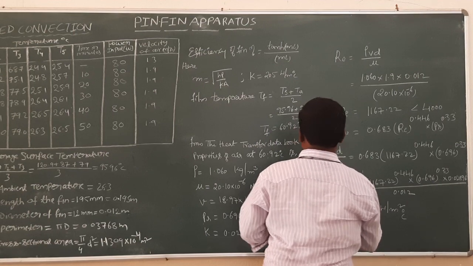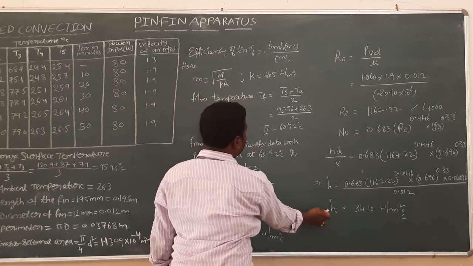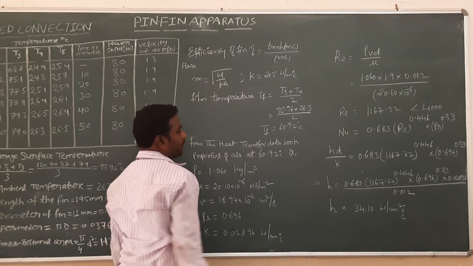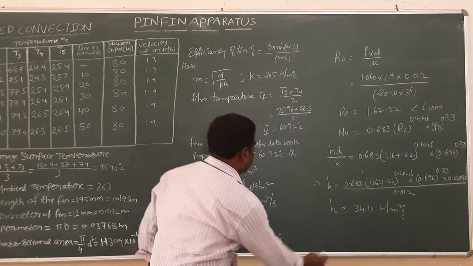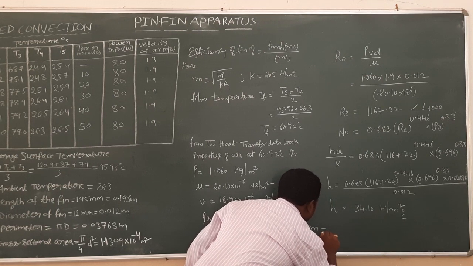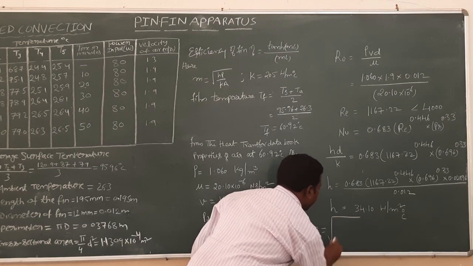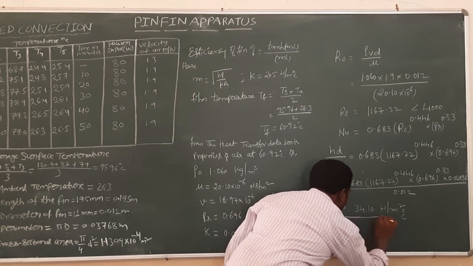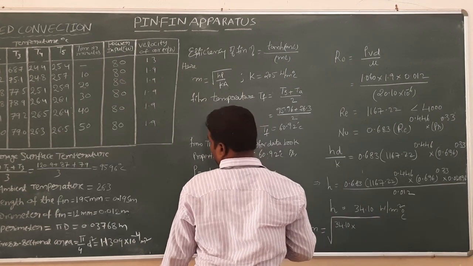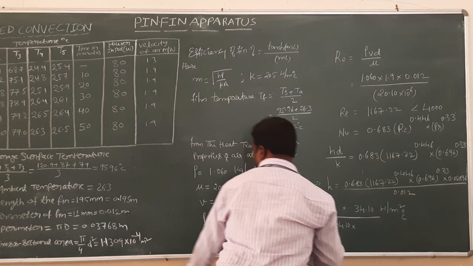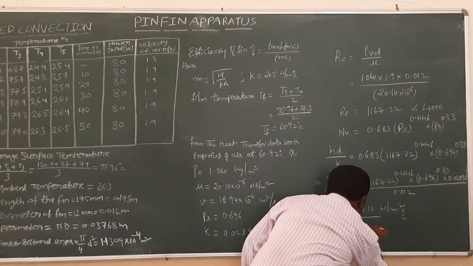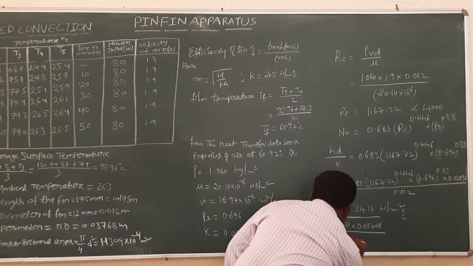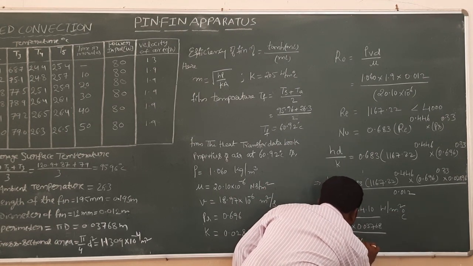So, let us calculate the value of m by using the h value and perimeter, thermal conductivity of the fin, and cross sectional area. m equal to square root of hP by kA, 34.10 into perimeter. Perimeter is 0.03768 by k 205.